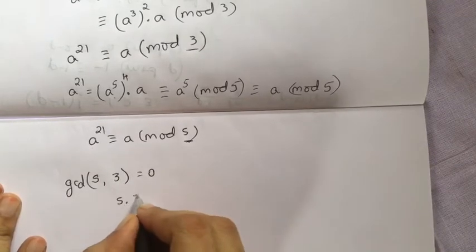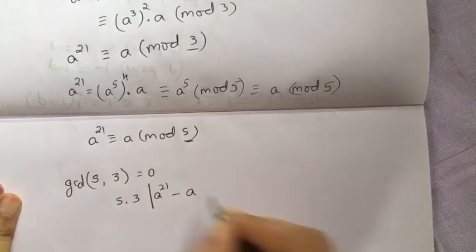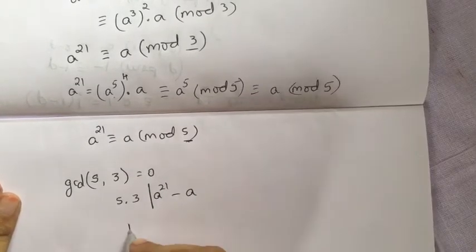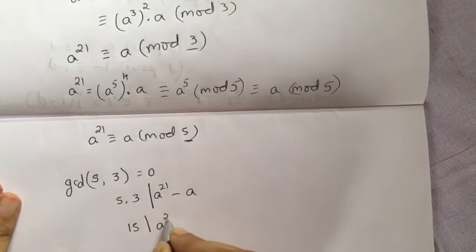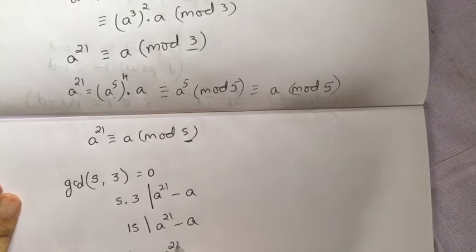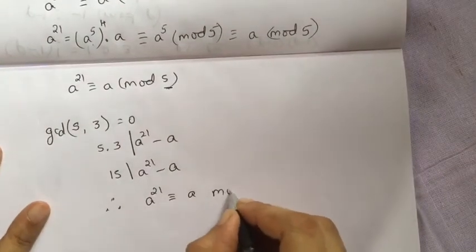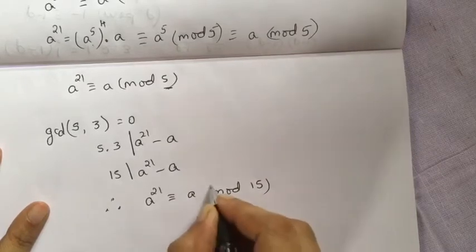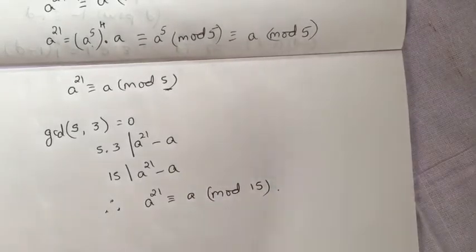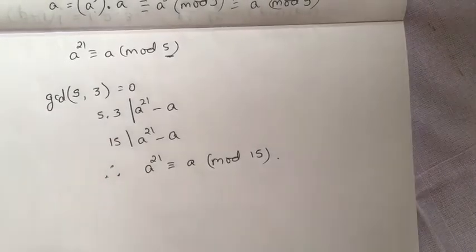So 5 into 3 must divide a power 21 minus a. So 15 divides a power 21 minus a. Therefore I can write a power 21 is congruent to a mod 15. Okay, hence the proof.